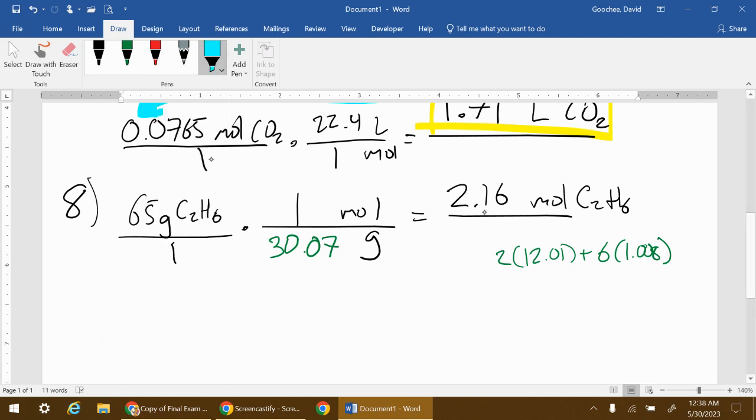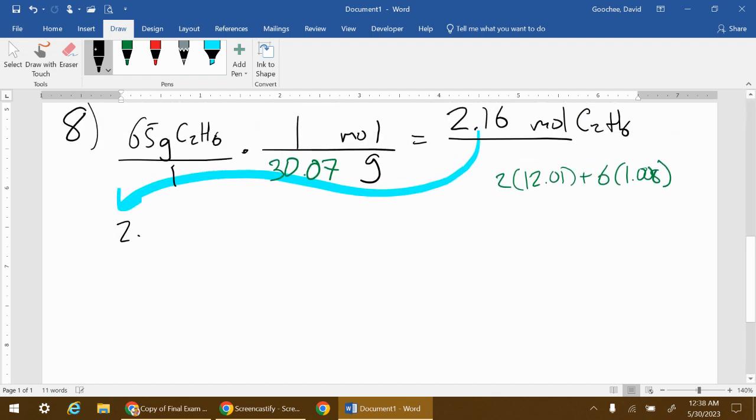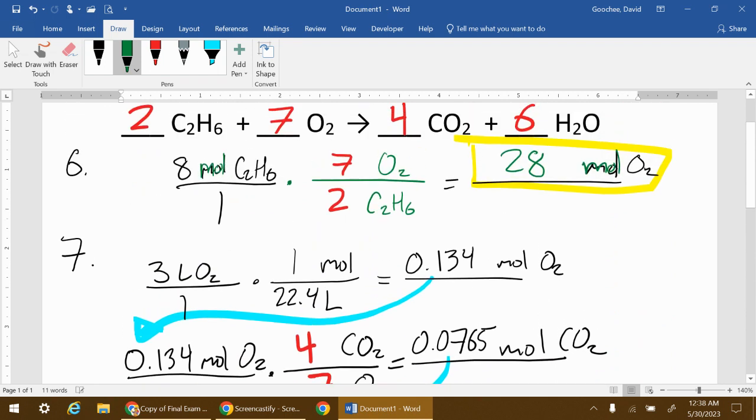So now we know how many moles of ethane there are. We're going to plug this in: 2.16 moles of ethane. And we want to know how many moles of water we are going to produce. So we have to get out of ethane, C2H6, and into water. And then we go look at the mole ratios from the balanced equation.